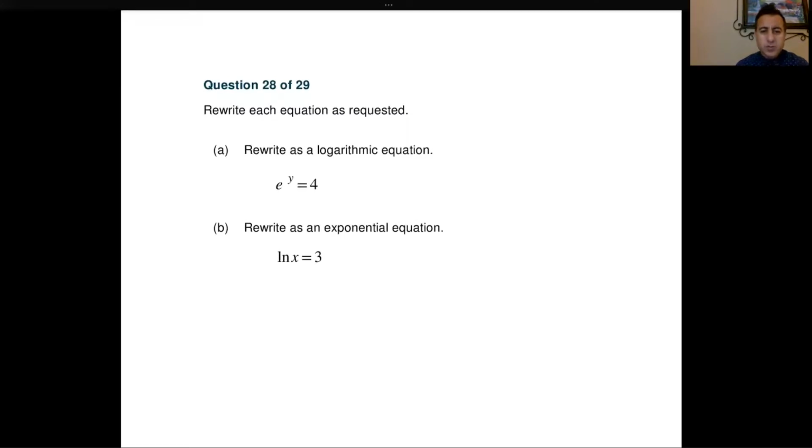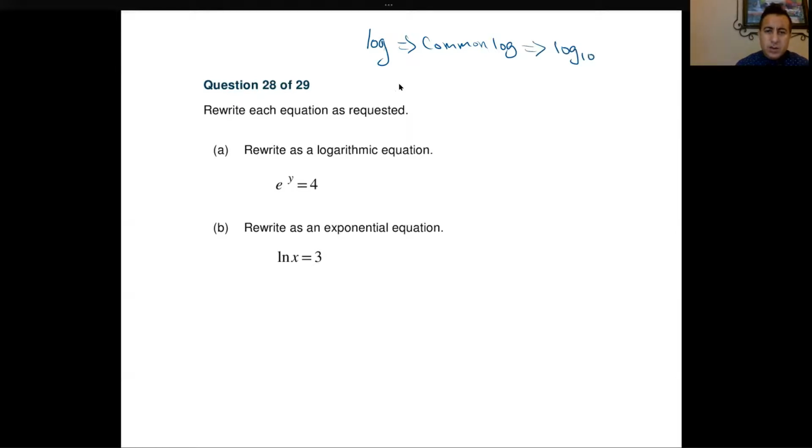All right, so you see now, as a quick thing, so if you have these common log, right? That's a common log. And it's not written with any base there because the base is 10.